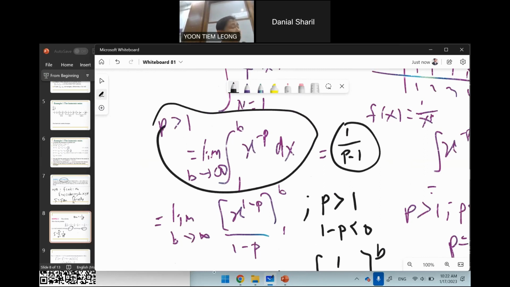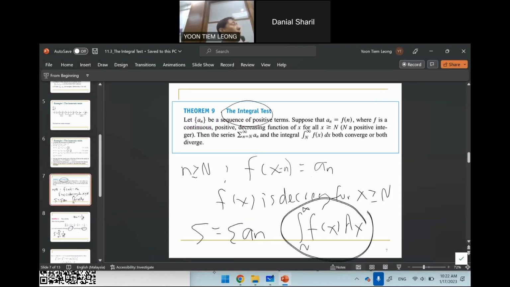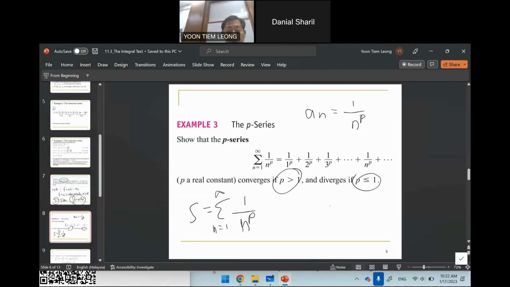So according to theorem number 9 here, if the integration of the function from n to infinity converges, so does the series. Therefore, we come to the conclusion that the P series converges for P larger than 1.